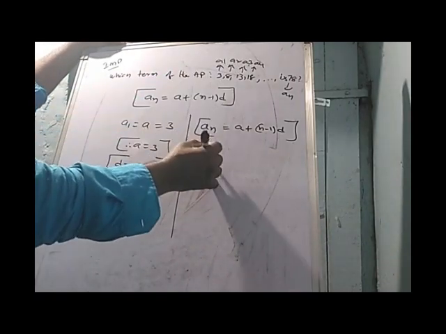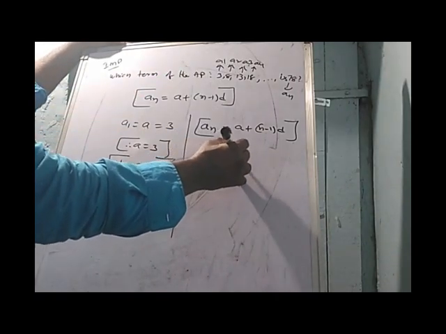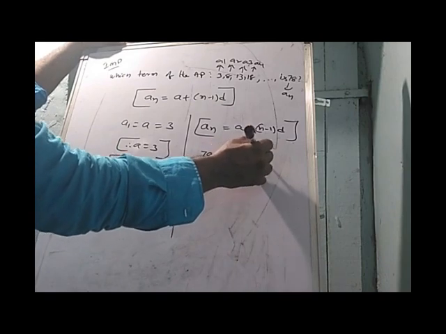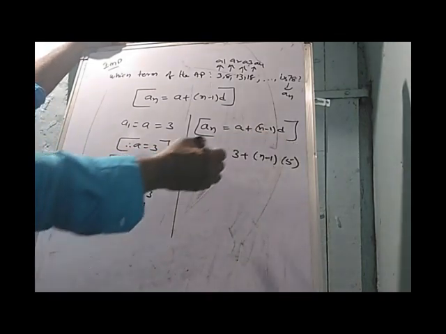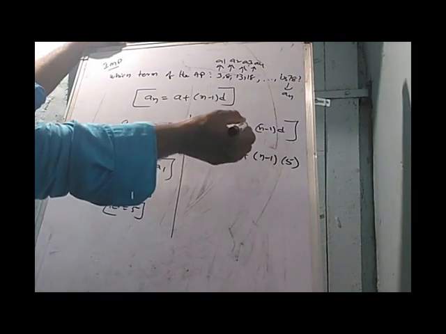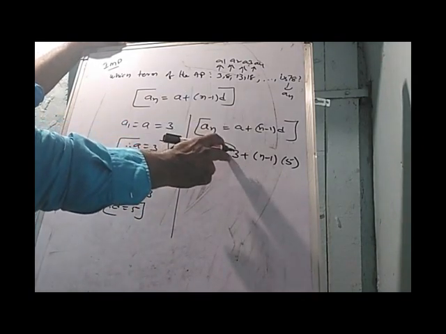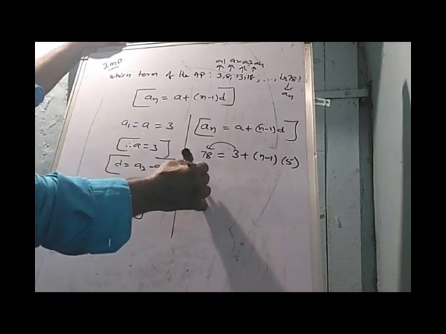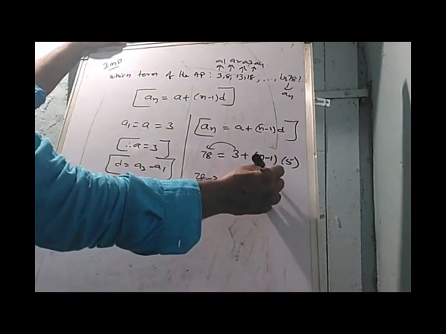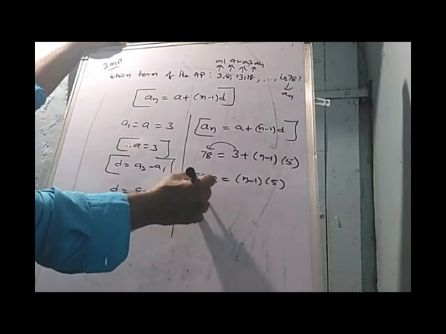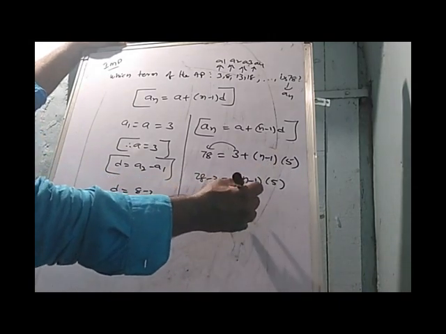What is that? 78 equals A, that is 3. Here the n value we don't know, but the D value is 5. This 5 will be transposed from right to left. Here the quantity is plus, here it becomes minus. 78 minus 3. Here n minus 1 into 5. So the result is 75.